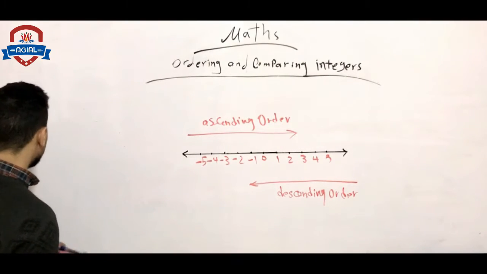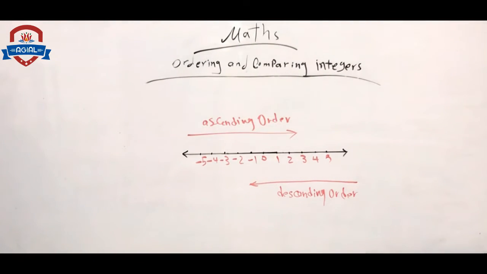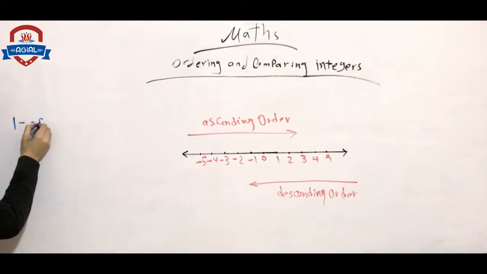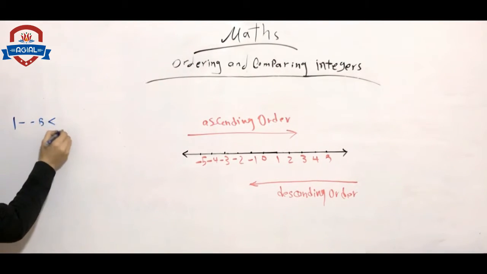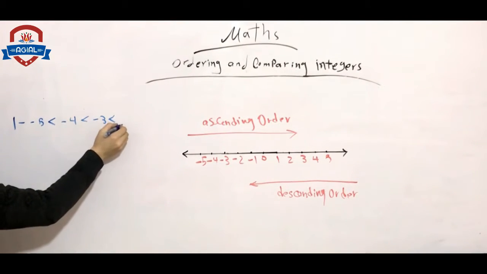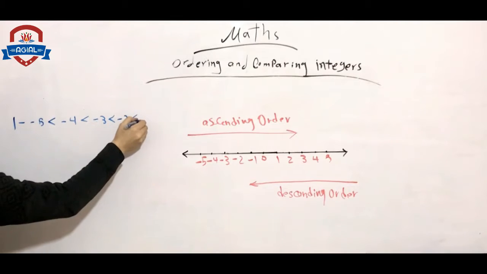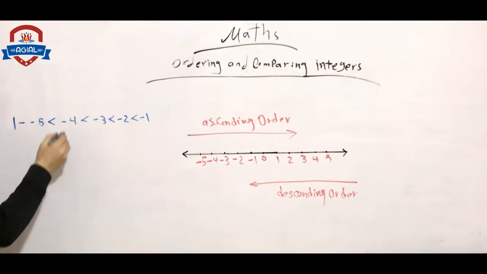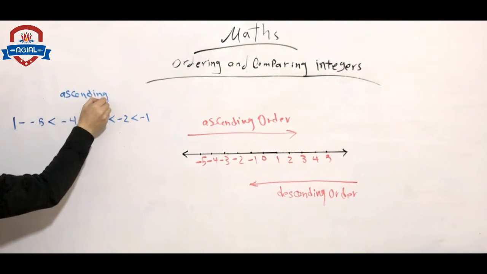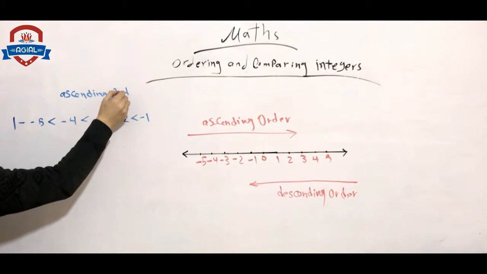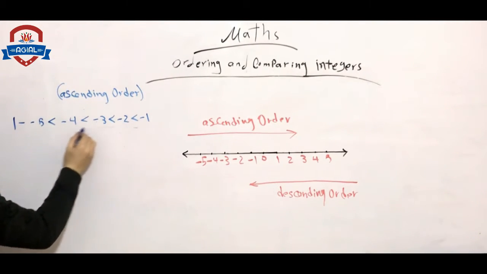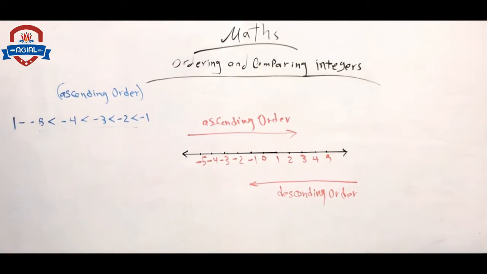So if we arrange -5 less than -4 less than -3 less than -2 less than -1, this is ascending order, because we arrange from the smallest number to the greatest number.